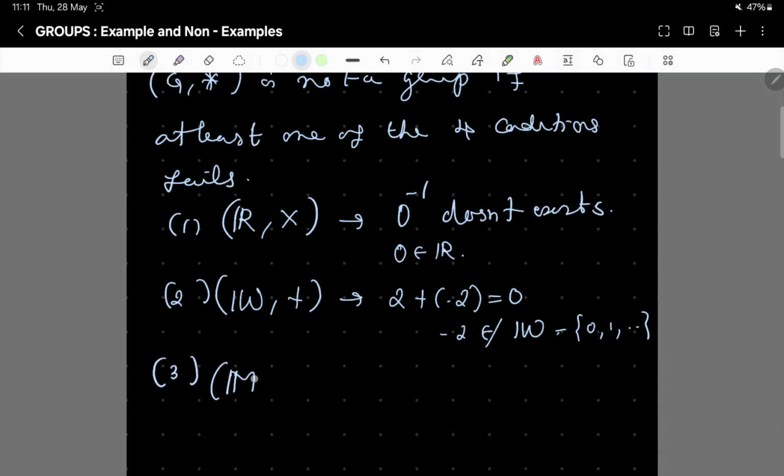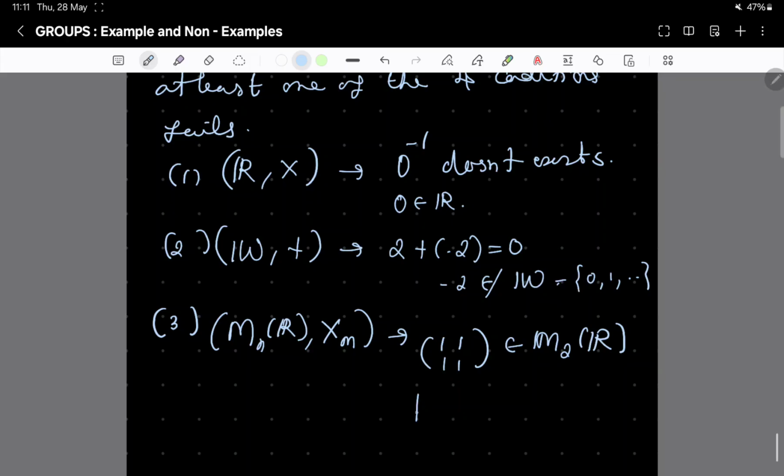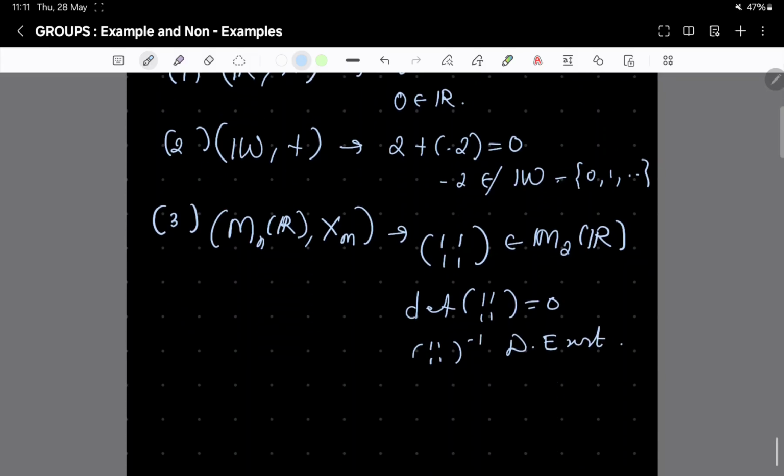Second thing, as I have mentioned, is n by n matrices with multiplication. Inverse does not exist for everybody. If you choose a matrix with determinant 0, this is an element of M2(R), but because the determinant of this matrix is 0, its inverse does not exist, so it cannot be a group.